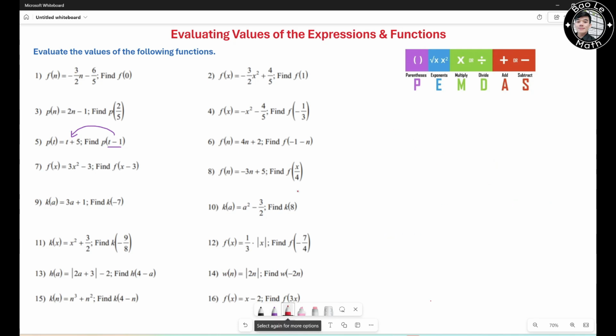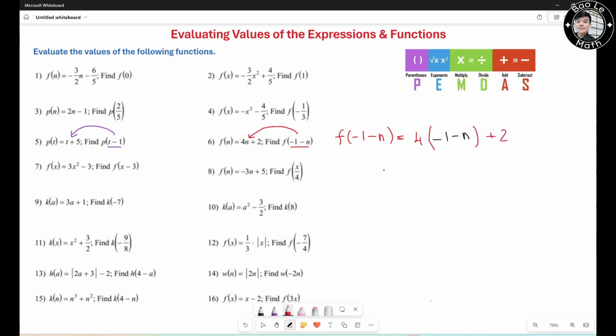Now question number 6. I need to calculate f of negative 1 minus n. So I substitute negative 1 minus n for n over here. So I have f of negative 1 minus n equals 4 times negative 1 minus n plus 2.